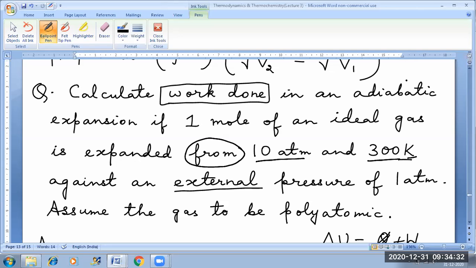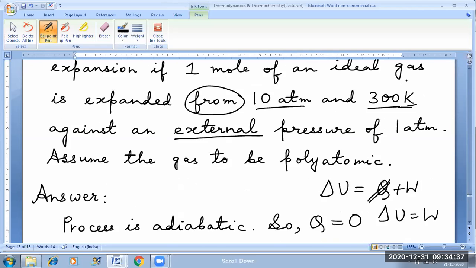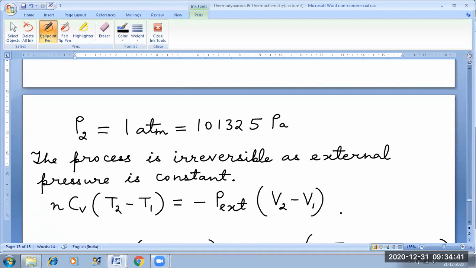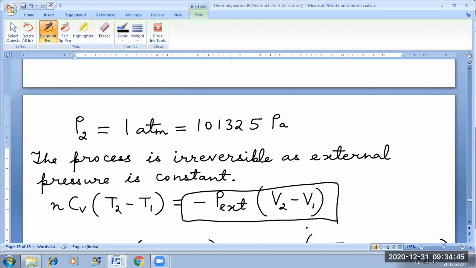Since the process is irreversible, we will use the formula for work done in an irreversible process, and that is equal to this formula. For any irreversible process, the work done is minus P external multiplied by V2 minus V1.